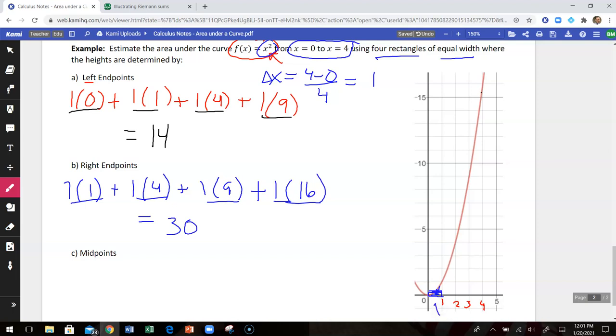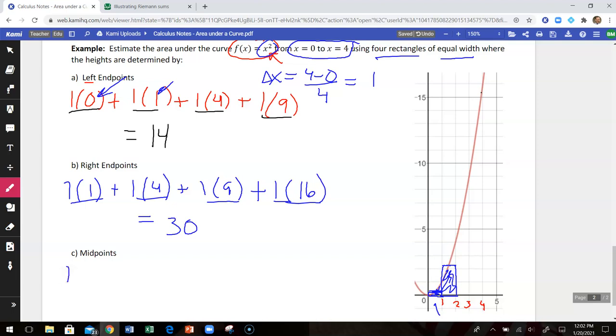Because the midpoint of that interval would be 1/2. And then from 1 to 2, I would find the height at 1.5, and that would give me this next rectangle. Now, those values aren't as easy to get as these were, because my function x squared is pretty easy to evaluate at small whole numbers.